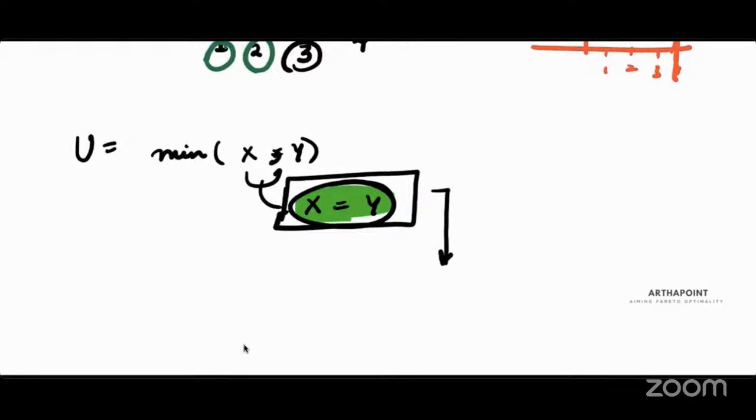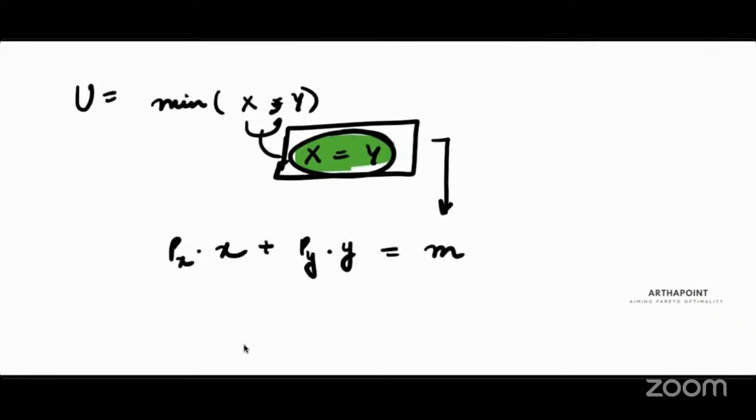So although I have to consume equally, I have to consume x equal to y, but my budget line is px into x plus py into y equal to m. This is the constraint that I have. So if in my constraint I put x instead of y, because the two are equal at equilibrium, I can say px into x plus py into x is equal to m.